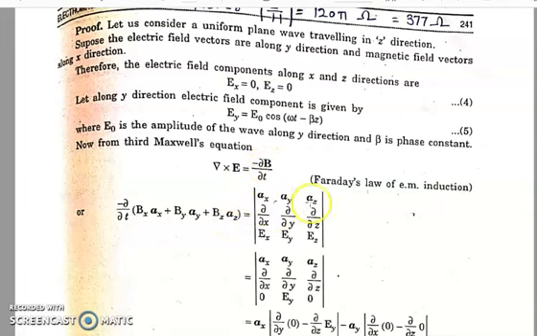Similarly, this del cross E can be expanded by using the determinant formula, that is ax, ay, az, curly by curly x, curly by curly y, curly by curly z. This row represents your del, and Ex, Ey, Ez are the vector representation of the complete E vector. Here ax, ay, az are again the unit vectors.